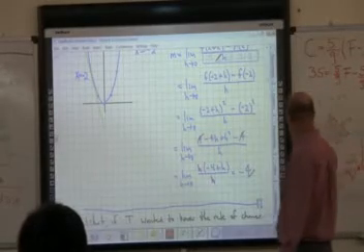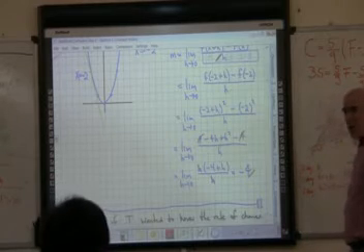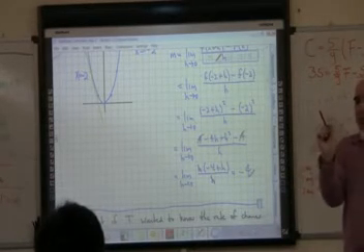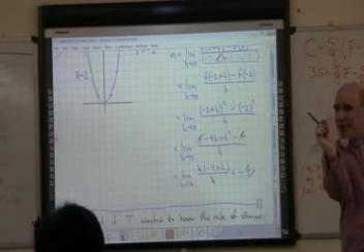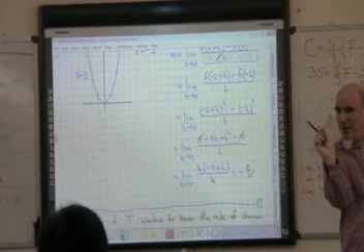Remember, h is the distance between the 2 points. I always want that distance to be approaching 0.